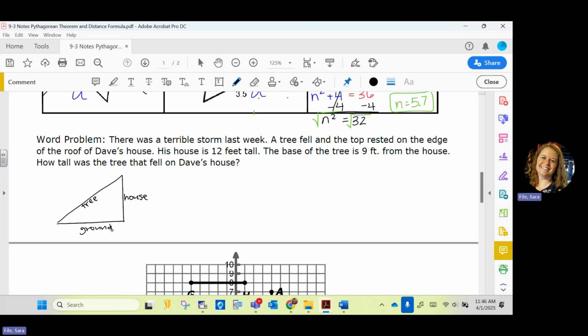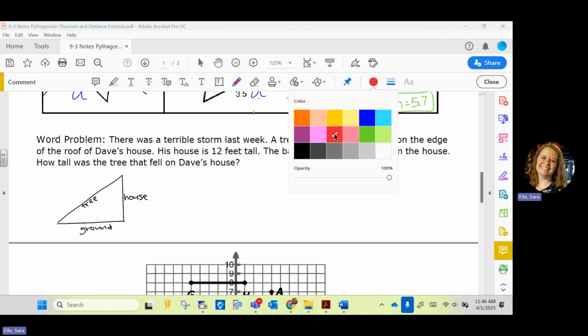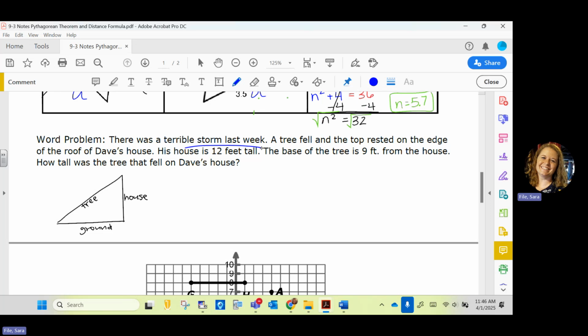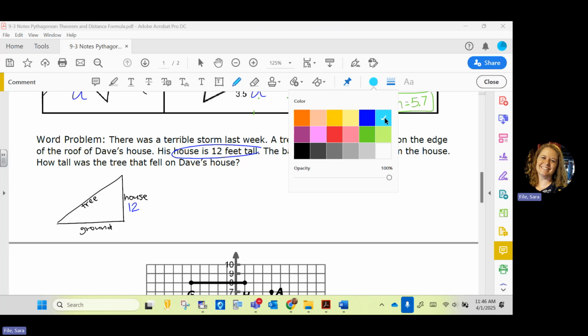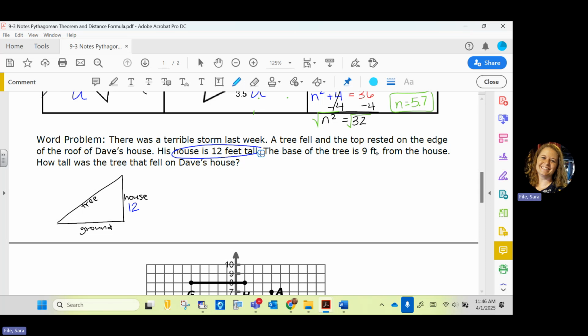They tell us that his house is 12 feet tall, so 12 here. And they tell us that the base of the tree is 9 foot from the house. So the bottom of the tree is 9 foot from the house. So this is 9. So that's my A and B.